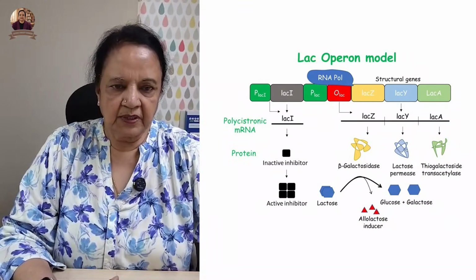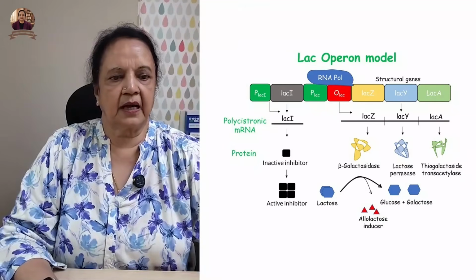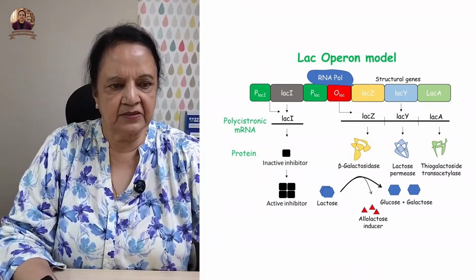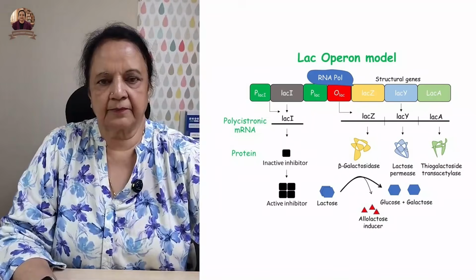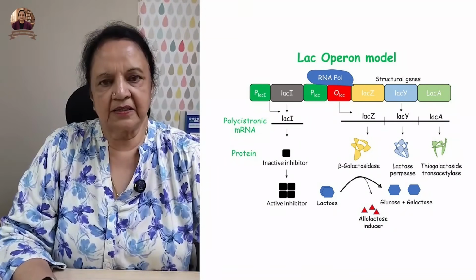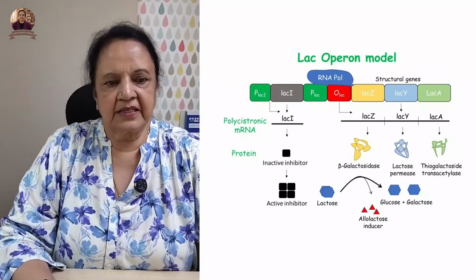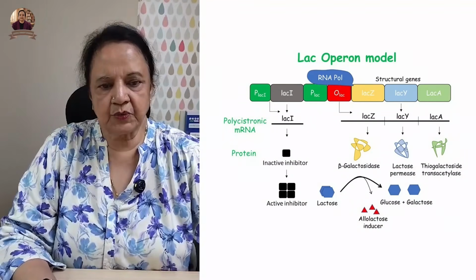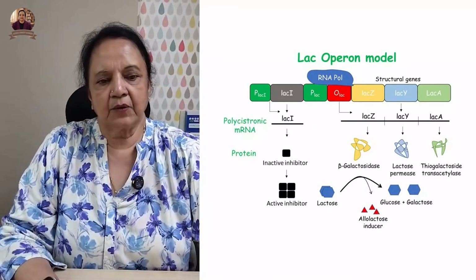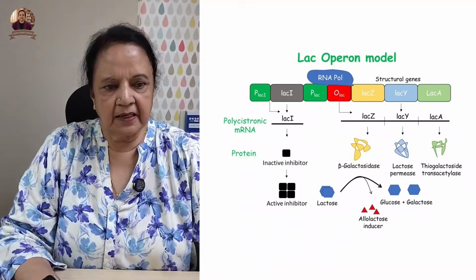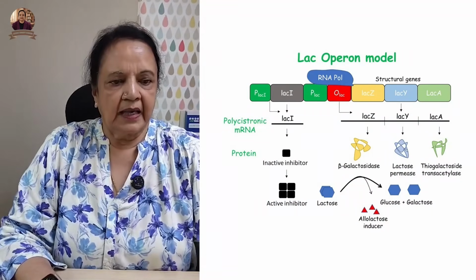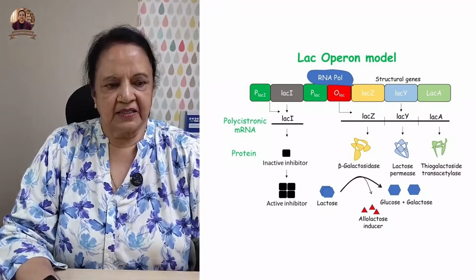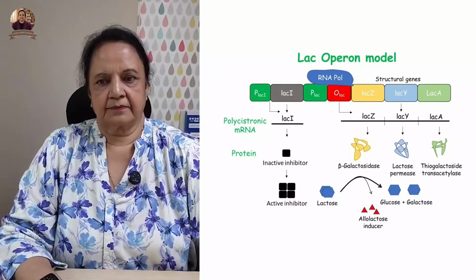They have a promoter gene, the site where RNA polymerase binds to initiate transcription. They have an operator gene, a segment of DNA that acts as a switch, and a regulatory gene located nearby. It codes for the repressor protein.